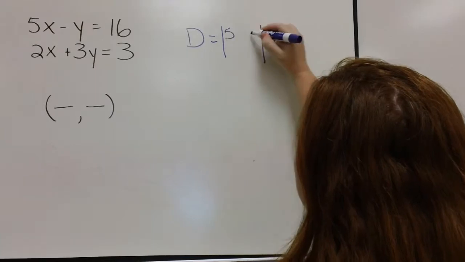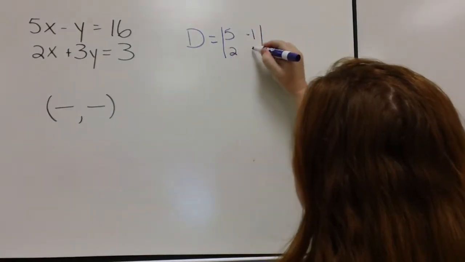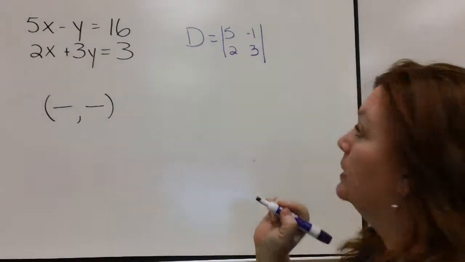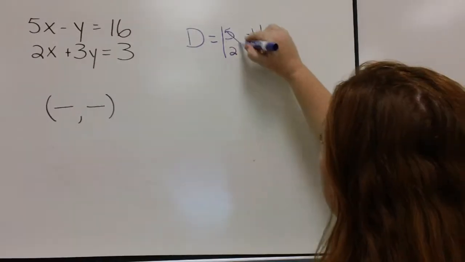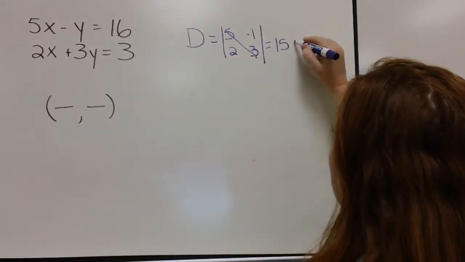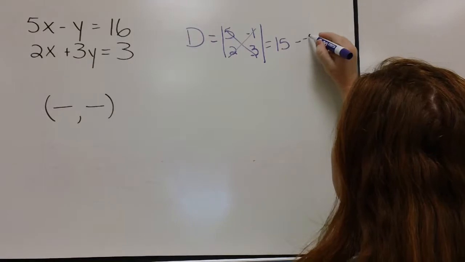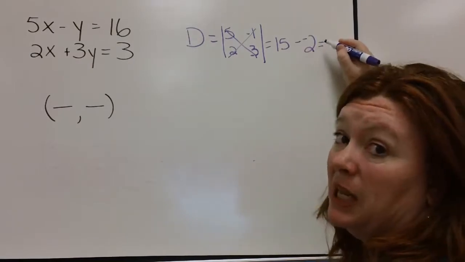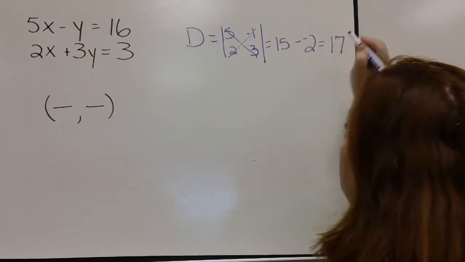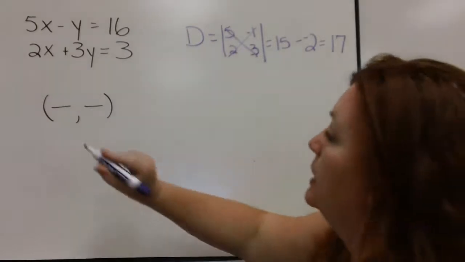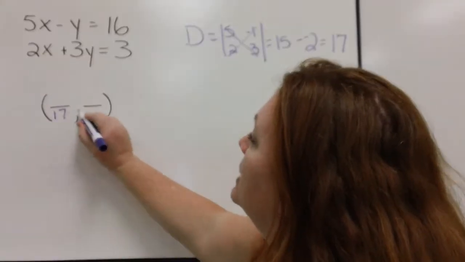Find the determinant, and I get 15 minus negative 2, which is 15 plus 2, or 17. That's my denominator, so I'm going to put 17 right there.